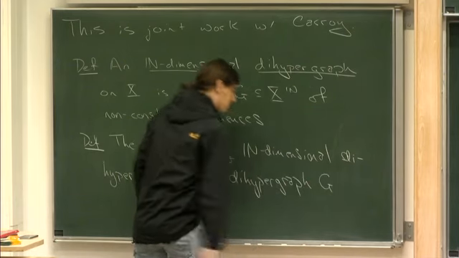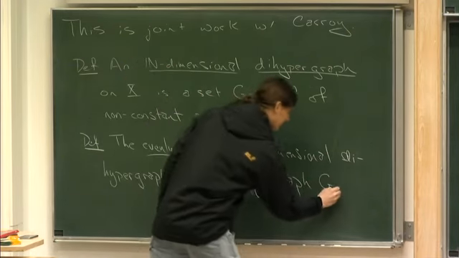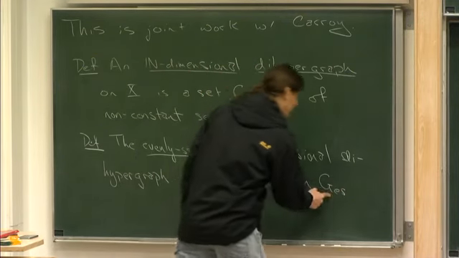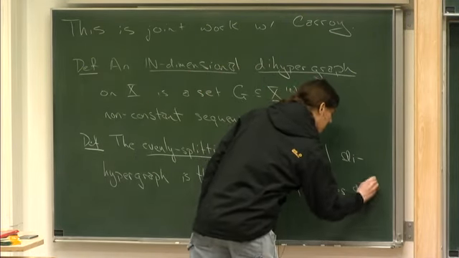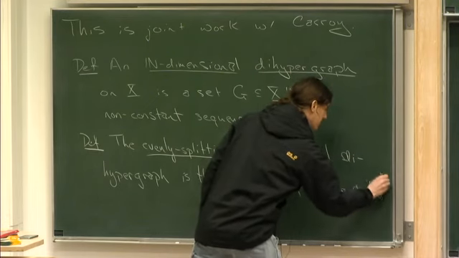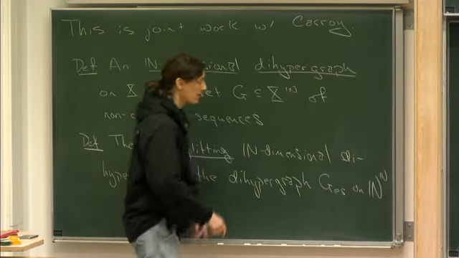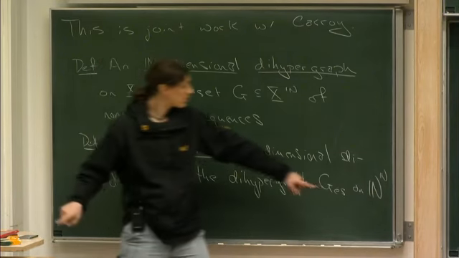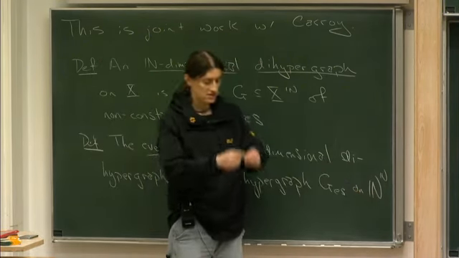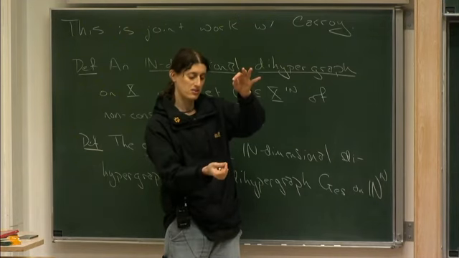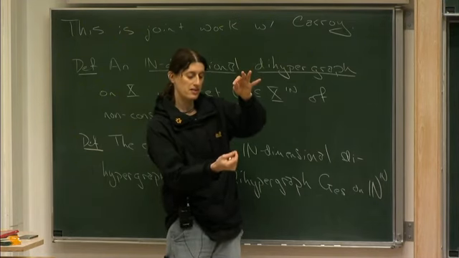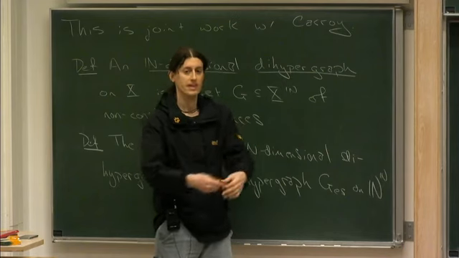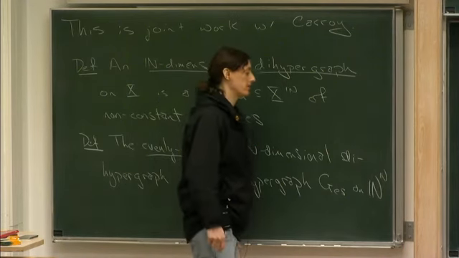So G sub evenly splitting is the dihypergraph G sub ES on Baire space, consisting of all omega-length sequences of elements of Baire space. They share some common initial segment T, and the nth element of the sequence has entry n at the next point. And what happens after that can be whatever you want.